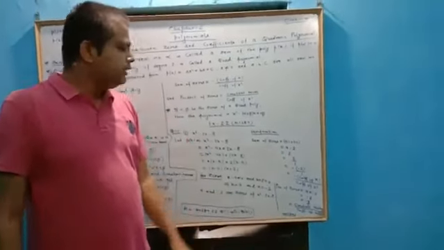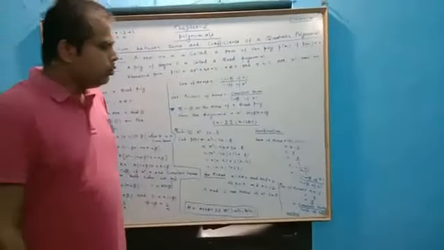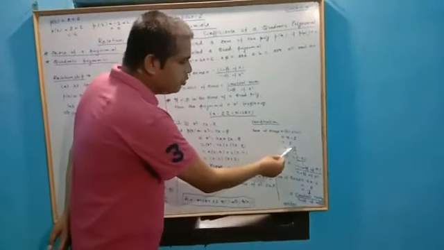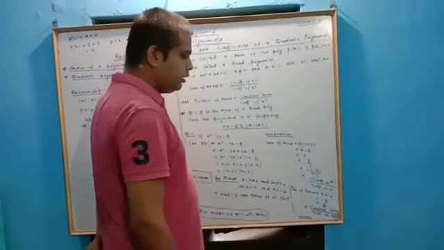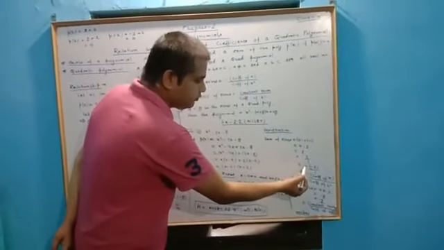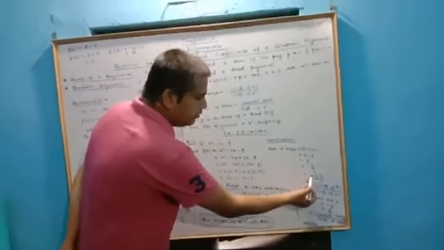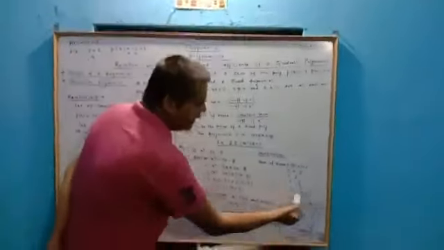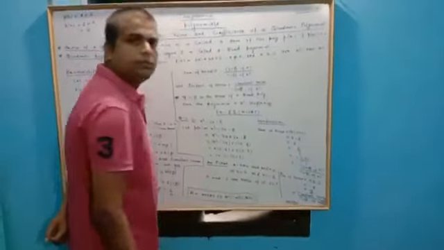That means the sum of zeros is 2. 2 can be written as 2 by 1. This 2 is also written as minus into minus 2, because minus into minus is plus.